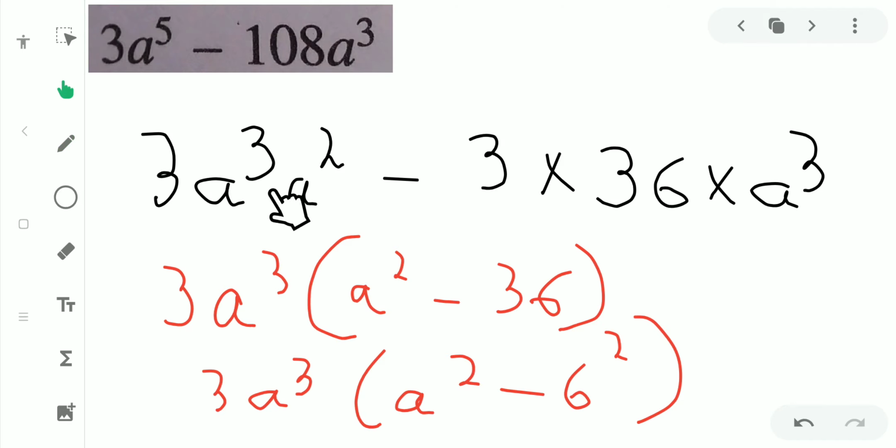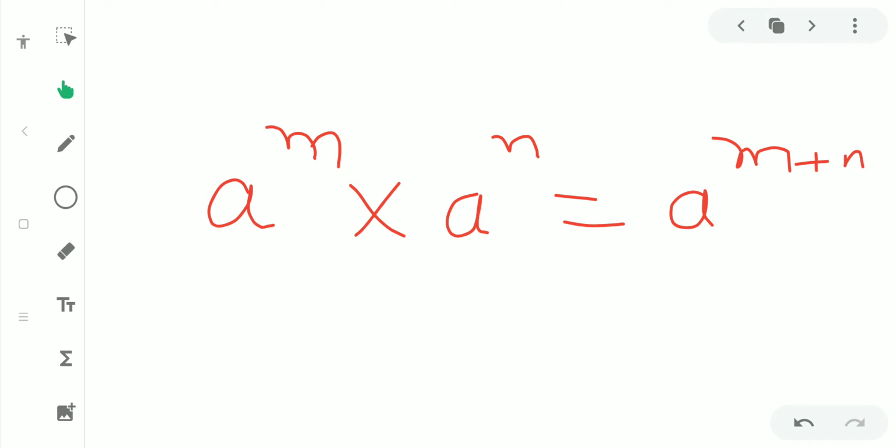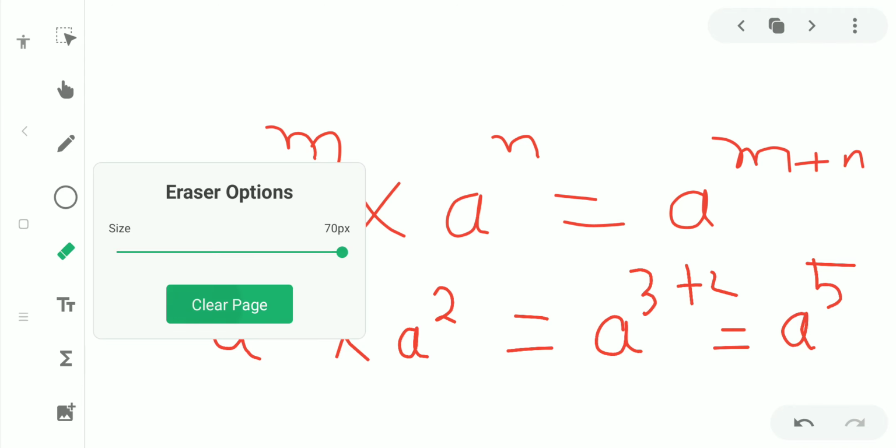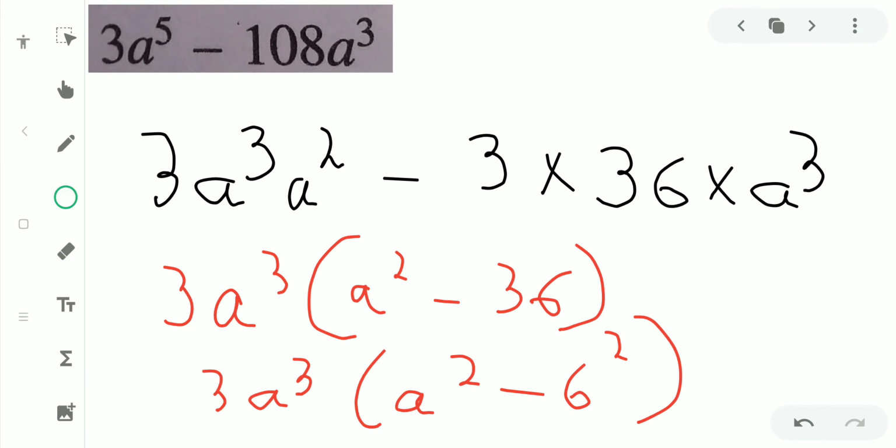So I will be taking a power 3 and a power 2. A power 3 times a power 2 is equal to a power 3 plus 2, nothing but a power 5. So this a power 5 I have split in these two terms.